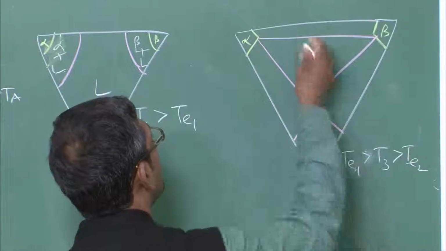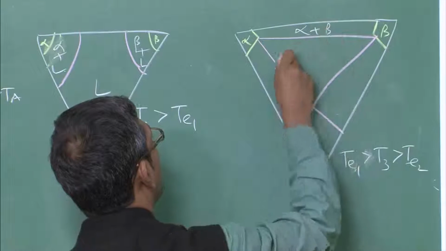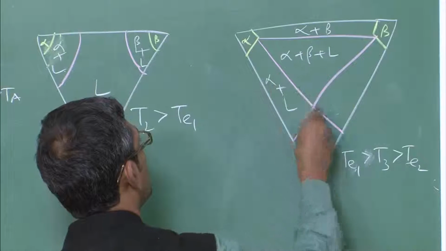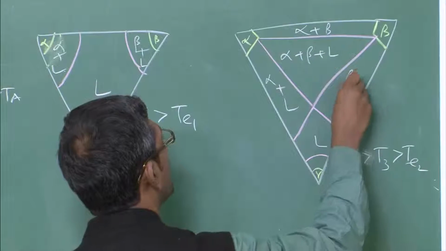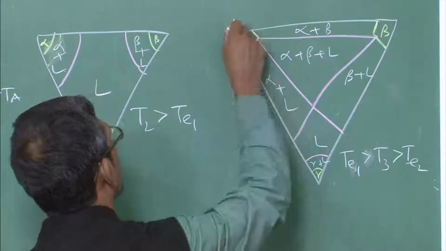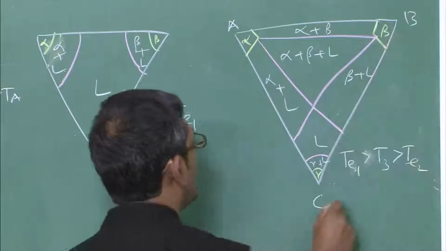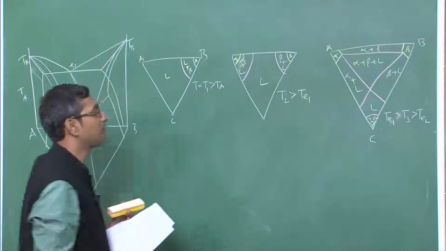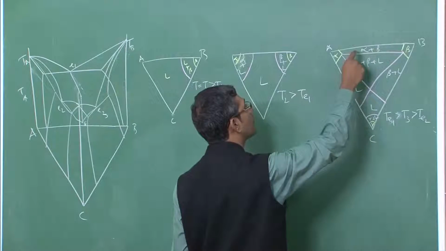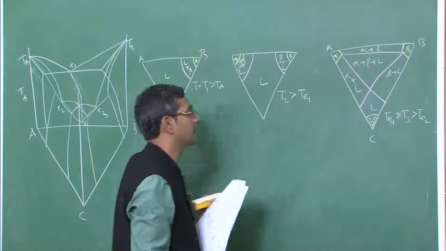So, you will have alpha plus beta plus liquid, alpha plus liquid, this is liquid, beta plus liquid, gamma plus liquid. This is distinct here because the temperature is lower than the first eutectic temperature. So, the first eutectic reaction has happened, that is why you have an equilibrium between alpha plus beta.